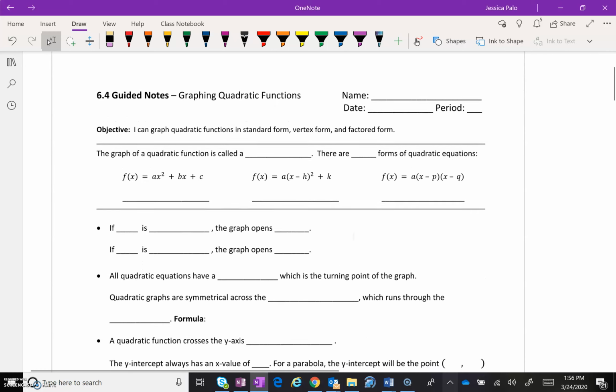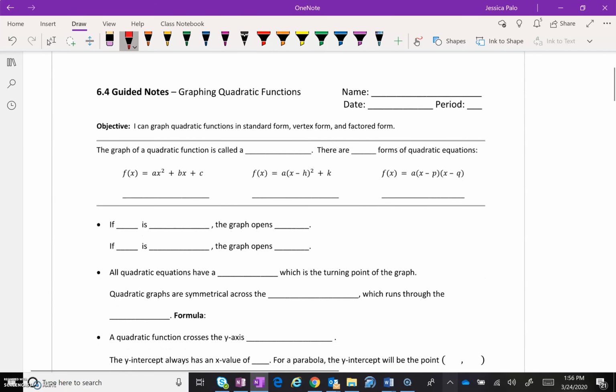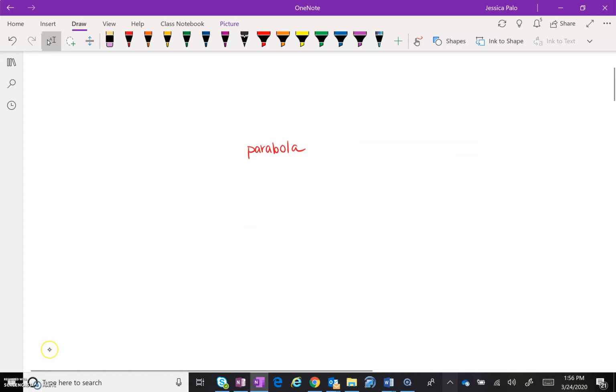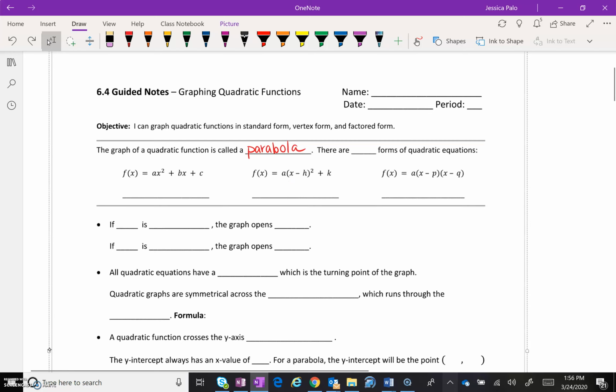So you know already that the graph of a quadratic function is a parabola. There are three forms of quadratic equations.